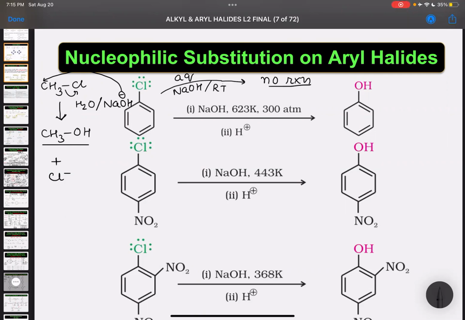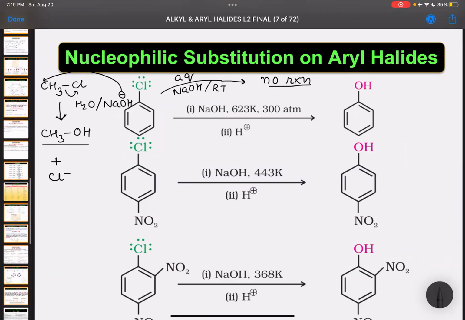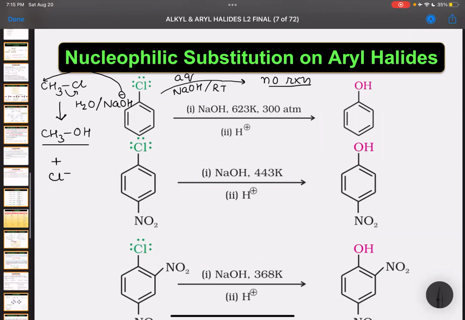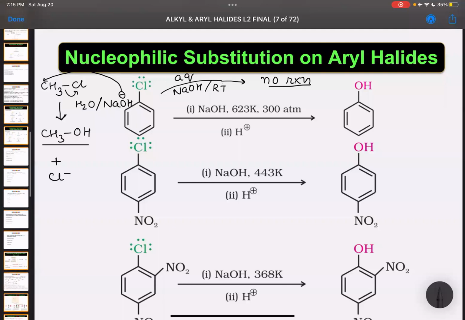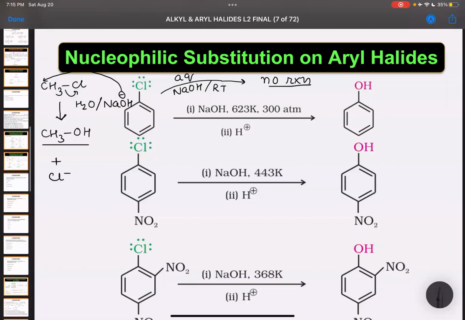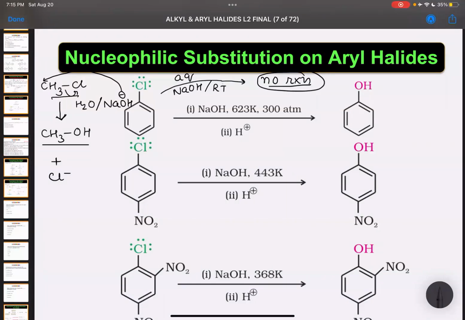Why? Same answer. Yeah, Mohammed, what could be the reason? Repeat the question: why will it not react? With CH3Cl, it was displaced by aqueous NaOH.